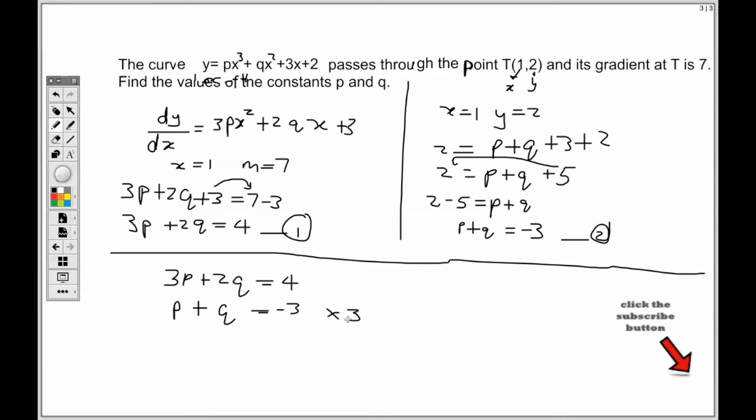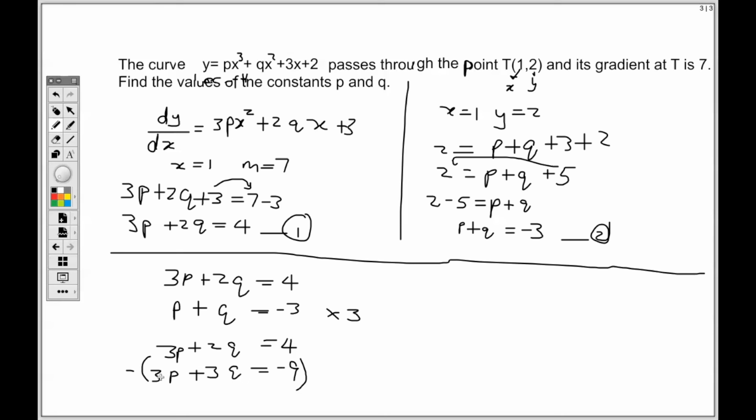So when I multiply equation 2 by 3, the coefficient of p in equation 2 becomes the same as in equation 1. So multiplying all of equation 2 by 3, I will have 3p plus 3q equals minus 9. So now I can subtract to get rid of p.